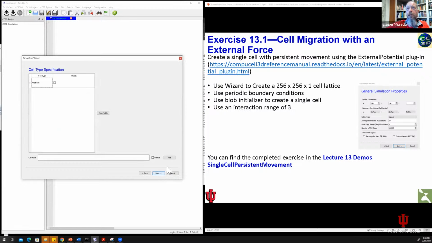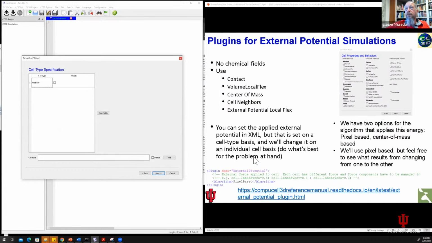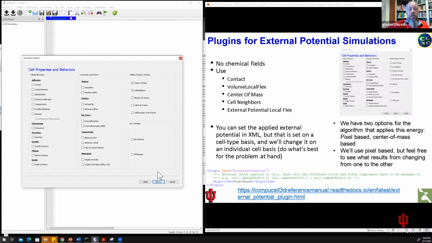Okay. So now I only have one cell type, so I can just call it cell. Add it. I have no chemical fields. I skipped that. So everybody get up to there. Elmer says, okay. Everybody all right up to there. Good.